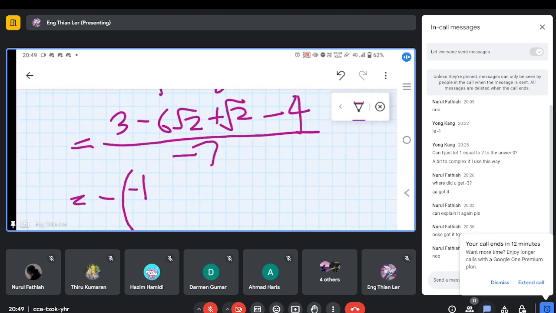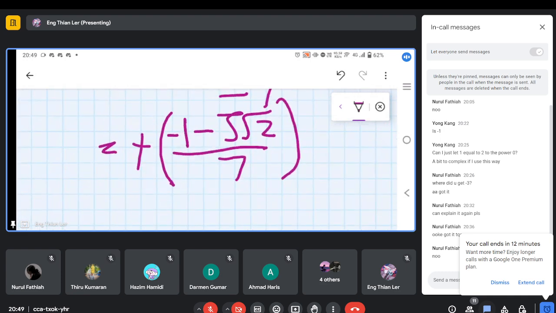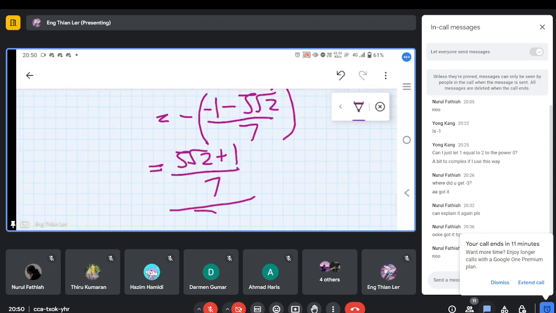And negative 6 root 2 plus root 2 is negative 5 root 2, divided by negative 7. The negative multiplied with negative becomes positive. So this is actually 5 root 2 plus 1 over 7. And that's the answer from the textbook.